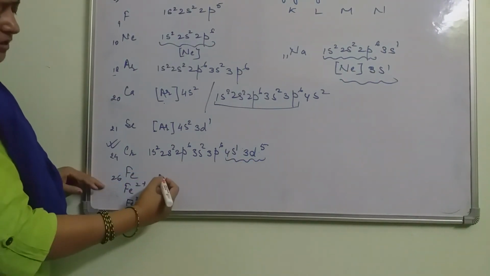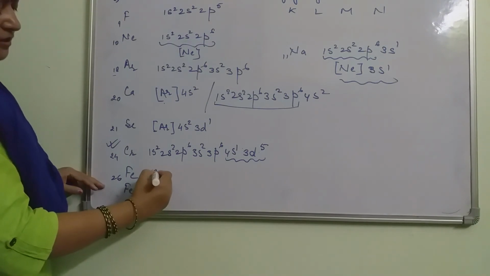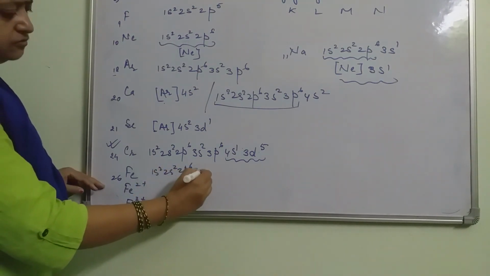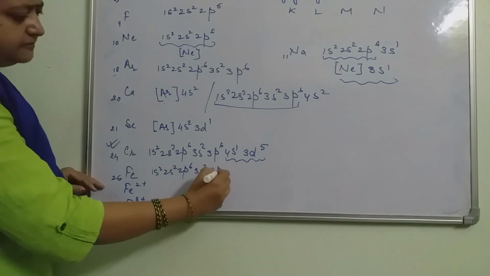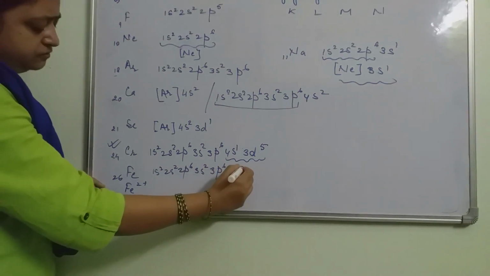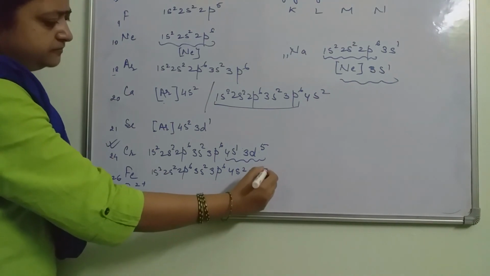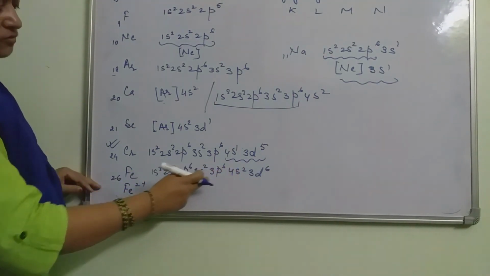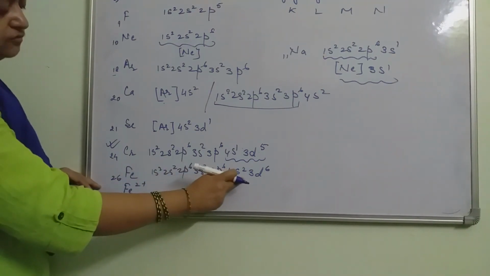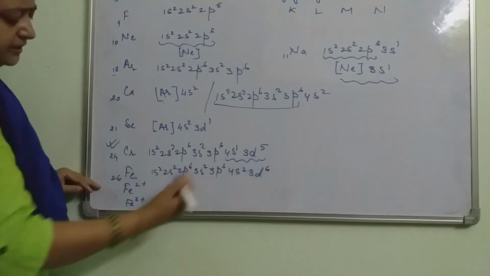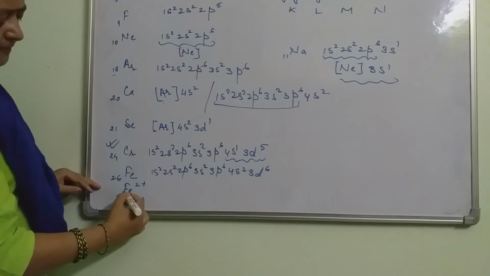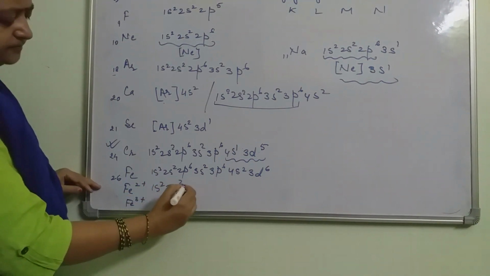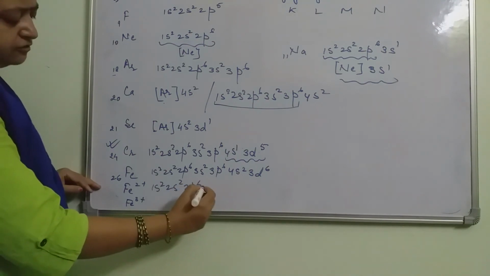Now iron 26 is 1s2, 2s2, 2p6, 3s2, 3p6, 4s2, 3d6. For Fe2 plus, the question is from where the electrons are removed.